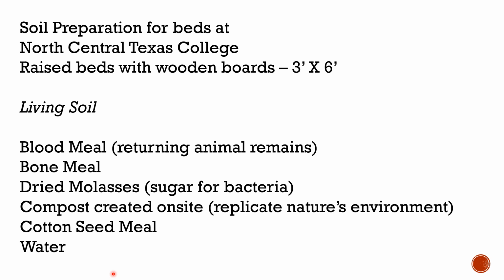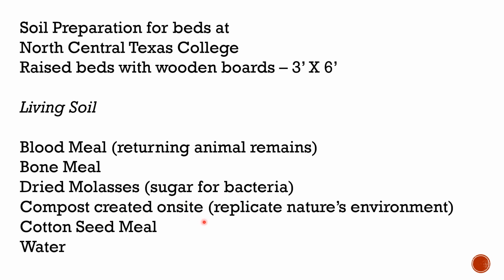Now, for your own use, read the bag. Remember, label is law, so you'll know how much you need to apply for your area. We used blood meal and bone meal, returning animal remains back to the soil. The dried molasses provided sugar for bacteria. You can also get that in the liquid form too.